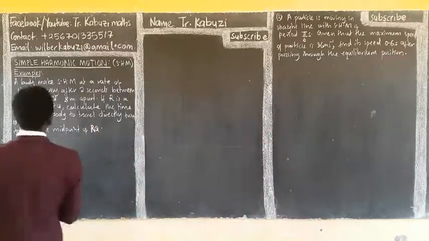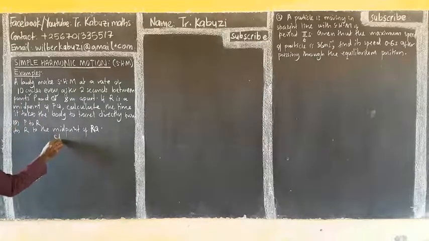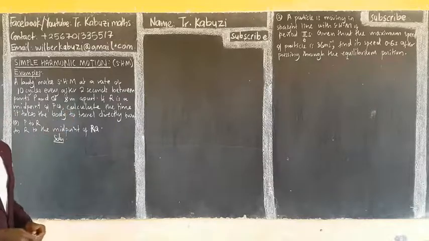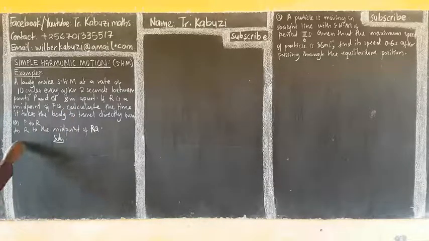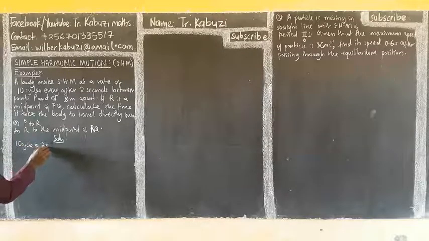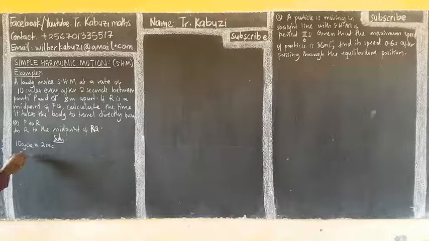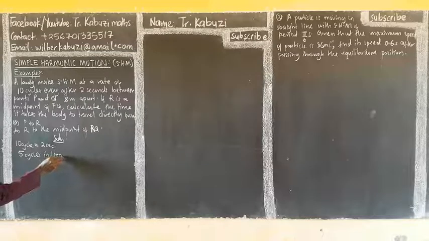So, in simple terms, they are giving us 10 cycles every 2 seconds. It means that 10 cycles are made in 2 seconds. So this body is going to make 5 cycles in 1 second.